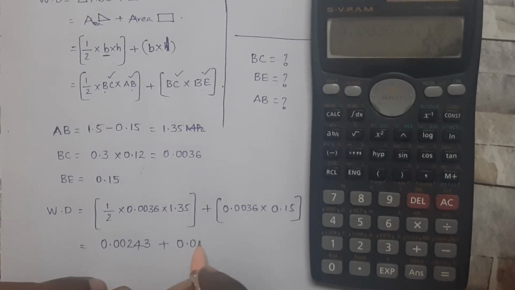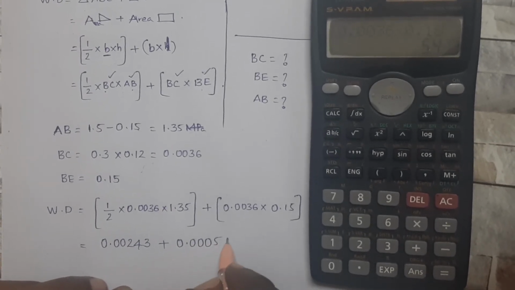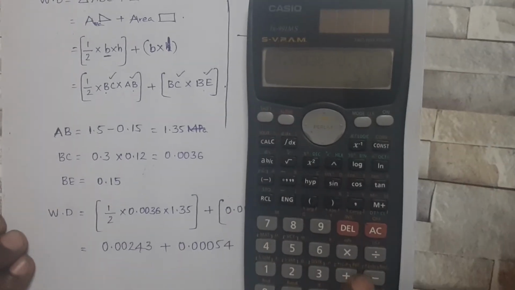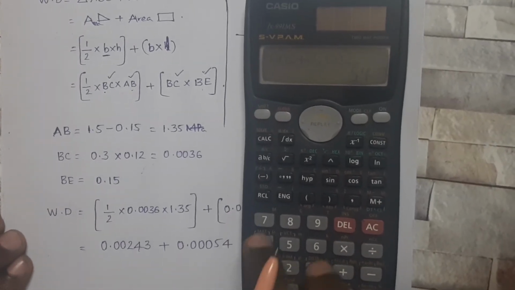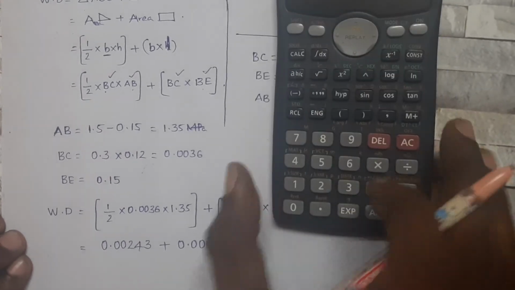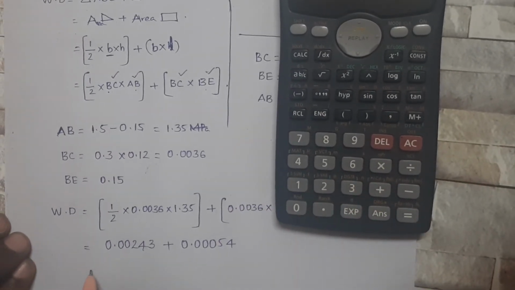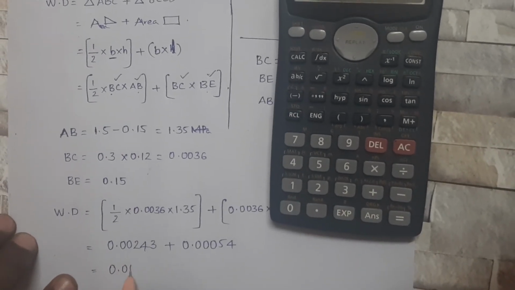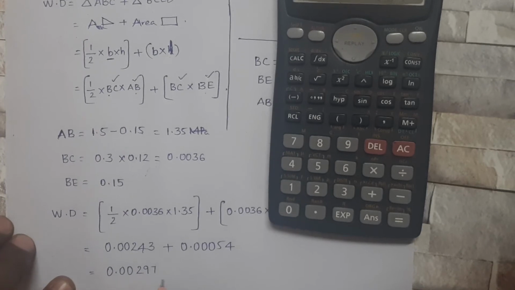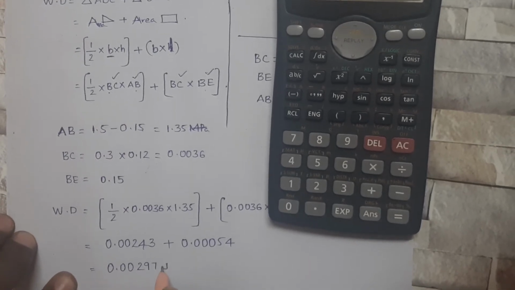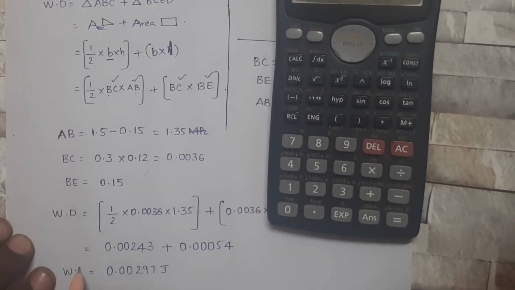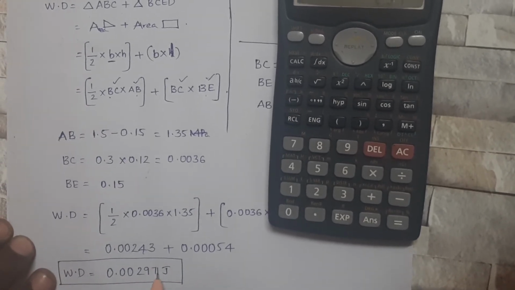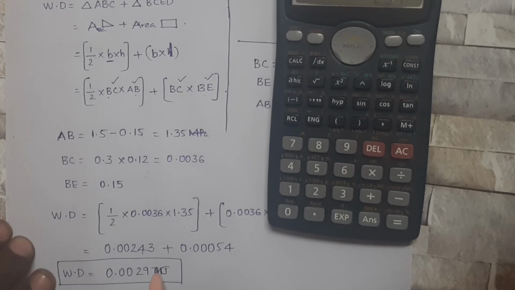Minus 4 is, we have to add 3 zeros here, 5, 4. So if we add both the things, we get something like 2.97 into 10 power minus 3. That is 2 zeros, 297 joules. Work done totally calculated in terms of megajoules.